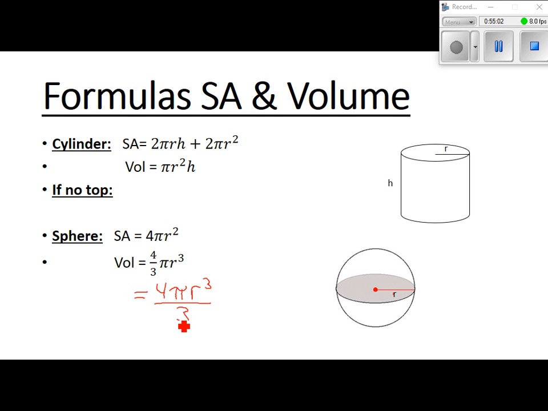Surface area. We're looking up here at surface area. Remember, for a circle, you might want to write this down somewhere, circle. The area formula was pi times radius squared. If I'm finding the surface area of this cylinder, what shapes am I finding the area of?